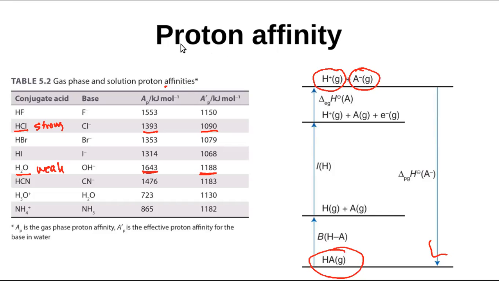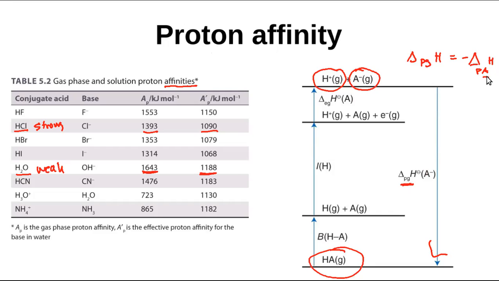Here, in this diagram, they introduce another type of quantity, proton gain. And I would say that delta H proton gain is the negative of delta H proton affinity.